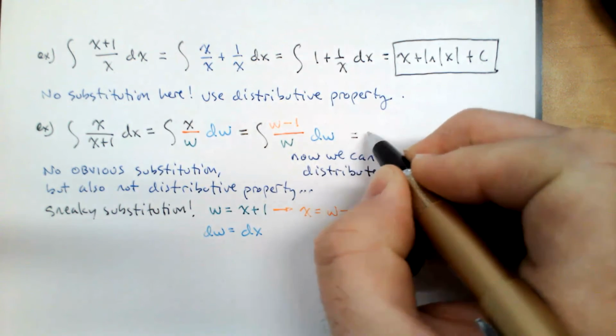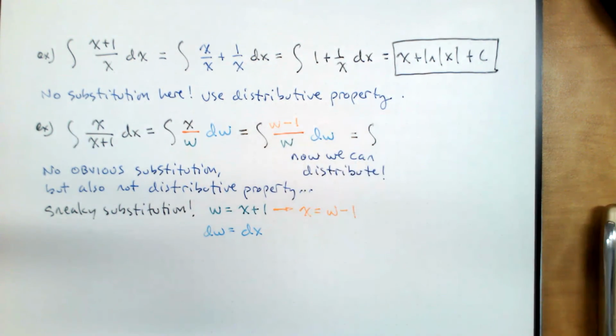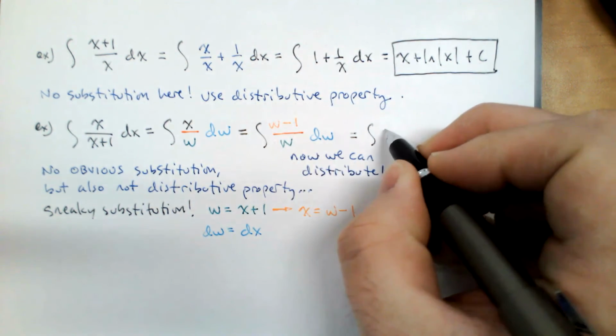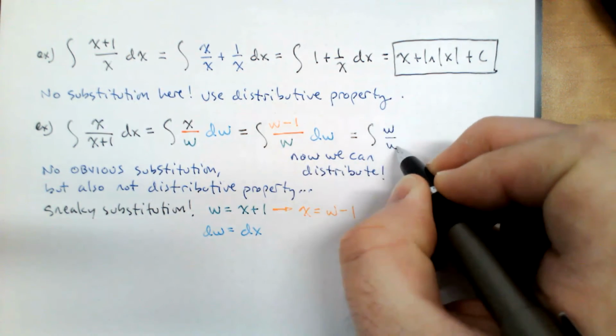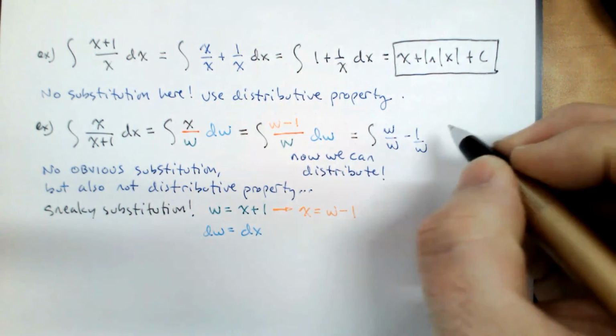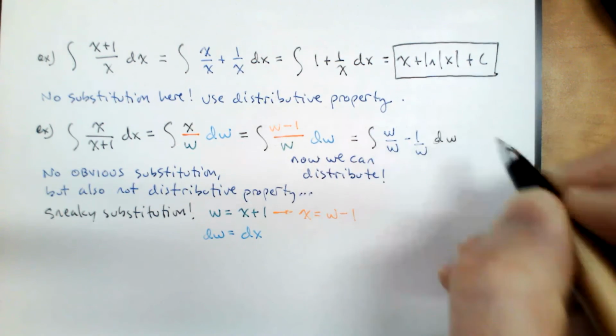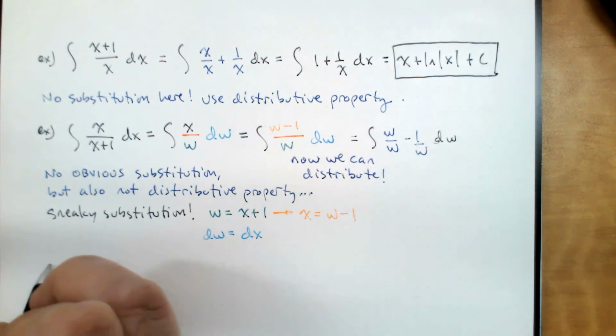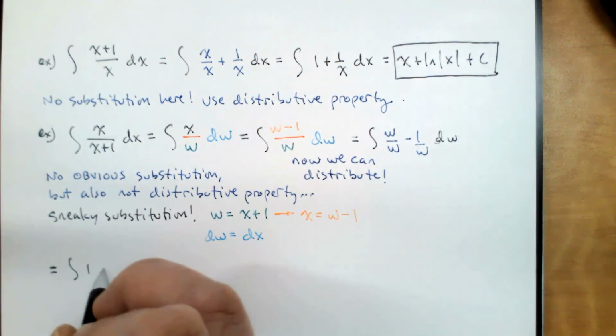I can write this as the integral of w over w minus 1 over w dw. And then I can simplify the w over w to be 1.